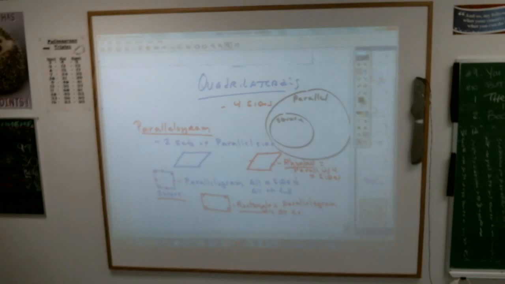If I were to show what rectangles would be, what circle would I draw for rectangles?